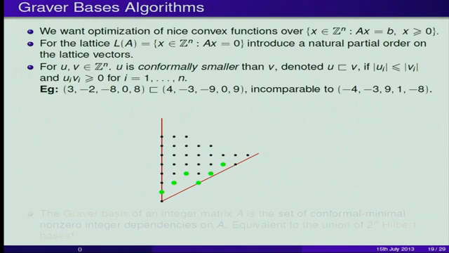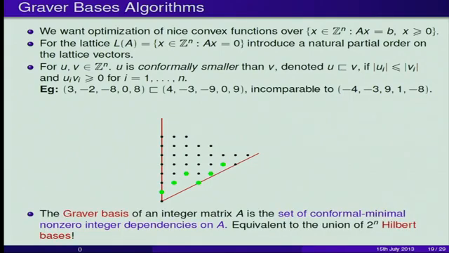Okay? Now you're ready. Here's the definition of a Graver basis. A Graver basis of a matrix is the set of minimal vectors in this order that are in the kernel of the matrix. Yeah, so there must be some minimal elements under this order that I just defined for you.